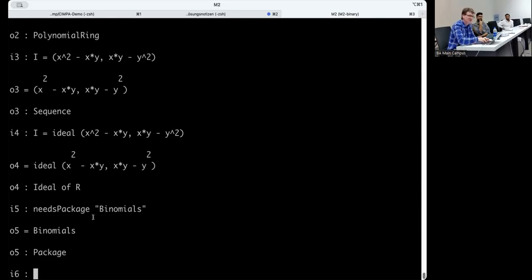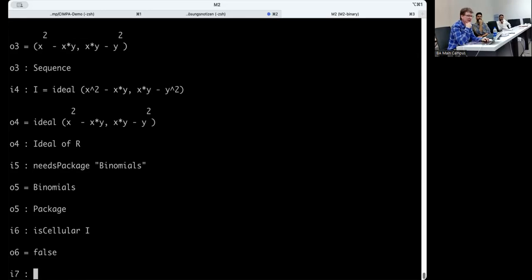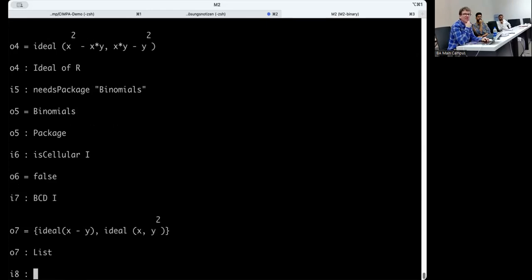Now I have this loaded and I can type is cellular I, and well, it's not. We know because we computed it. So let's do BCD, which is a shortcut for binomial cellular decomposition. You see it picked one. You have no influence on which one it picks, but it computed the same that we also computed.